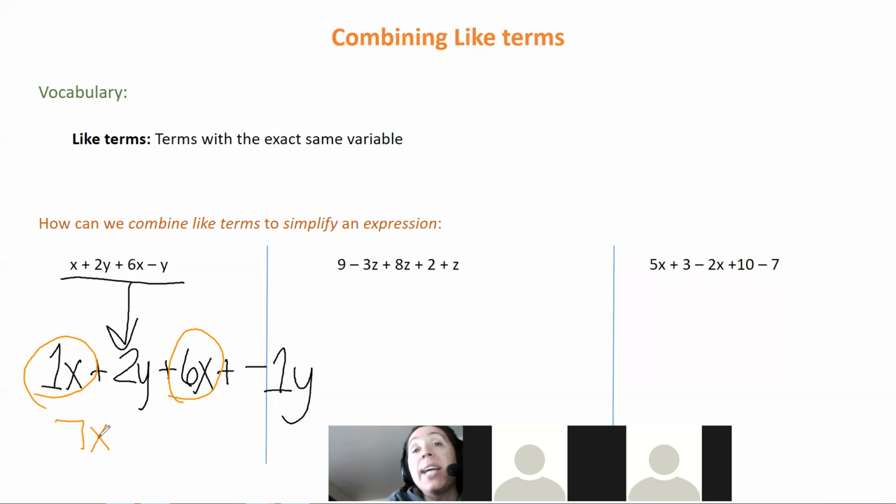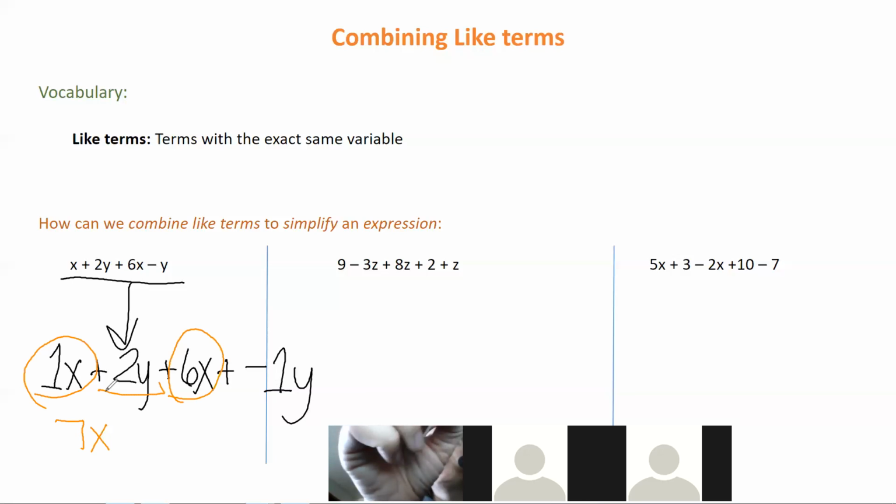What about the y's? What y's am I going to combine? Or what would you get after you combine the y's? You'd think 3y, you totally would, but we have a negative there now. Yeah, that's what's tricky. We change that minus sign to plus a negative.